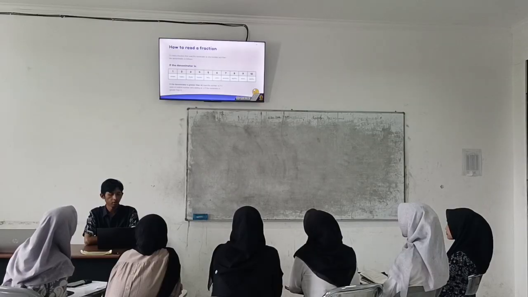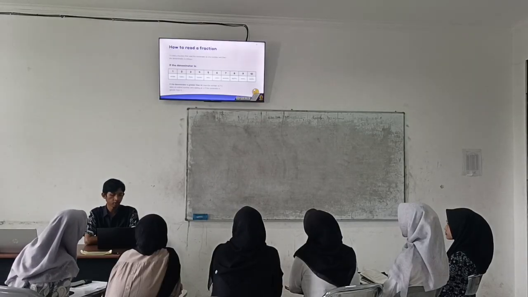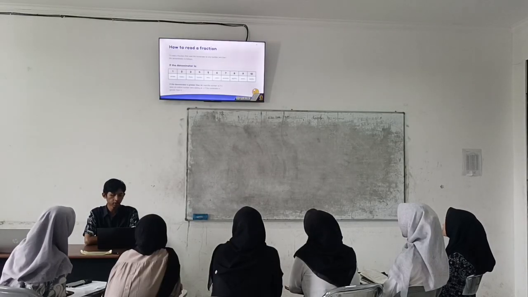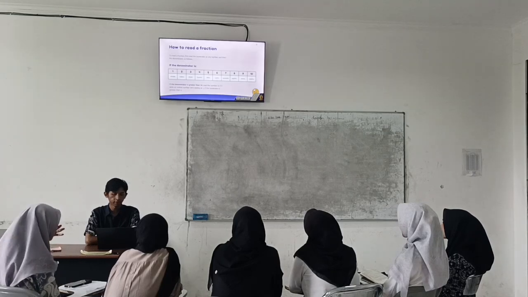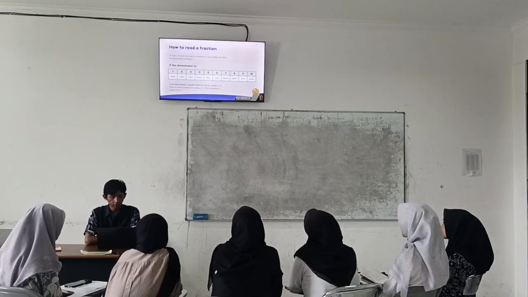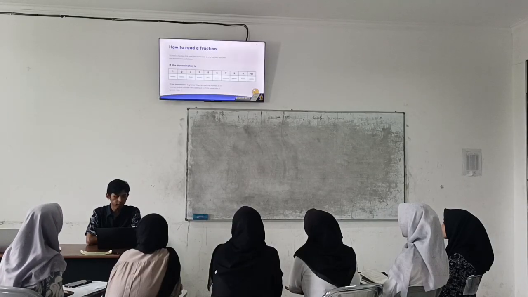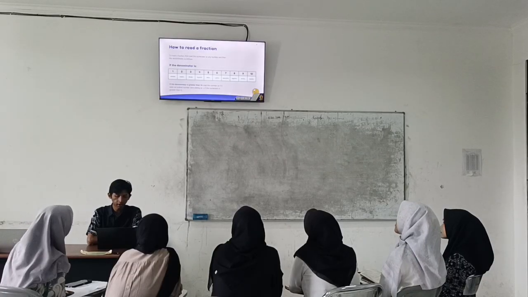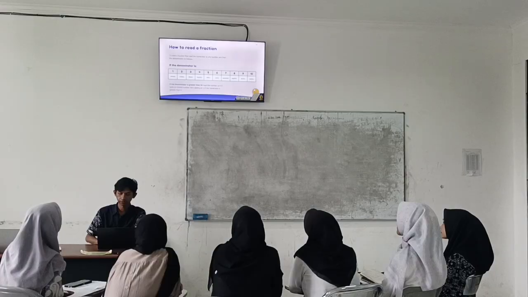For example, 1 is whole, 2 is halves, 3 is thirds, 4 is fourths, and 5 is fifths, and if the denominator is greater than 10, treat the number as an ordinal number, and add an s if the numerator is greater than 1.